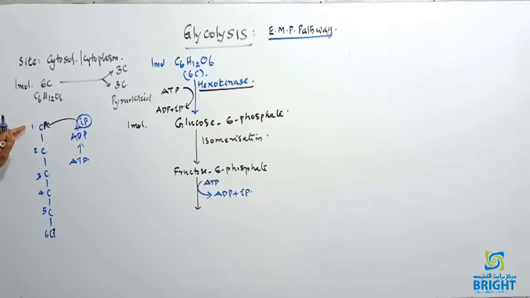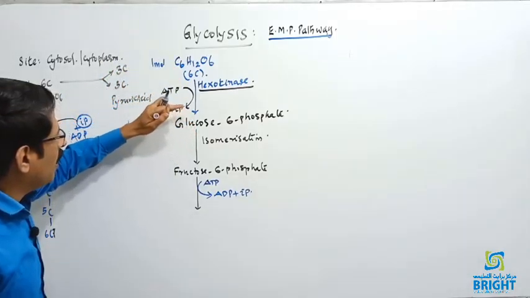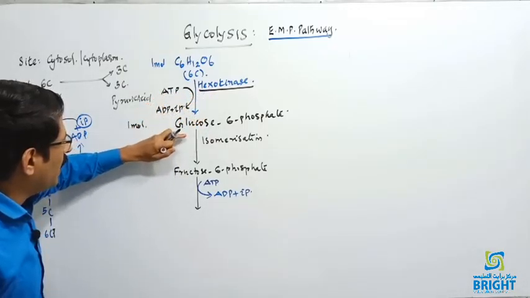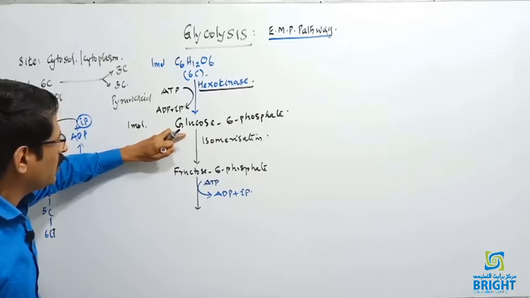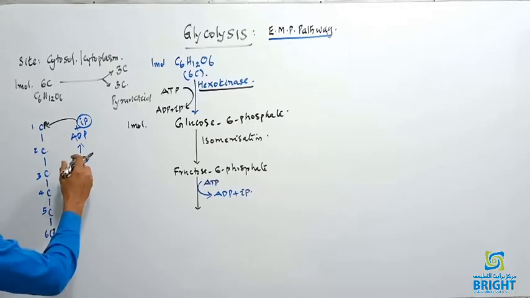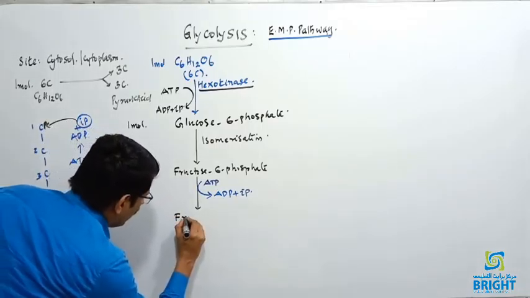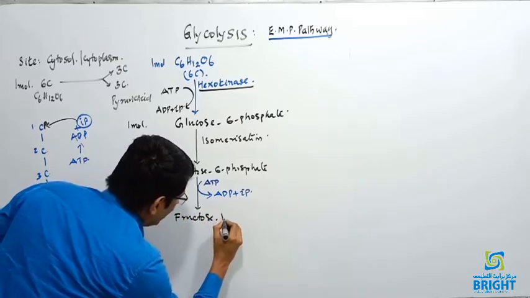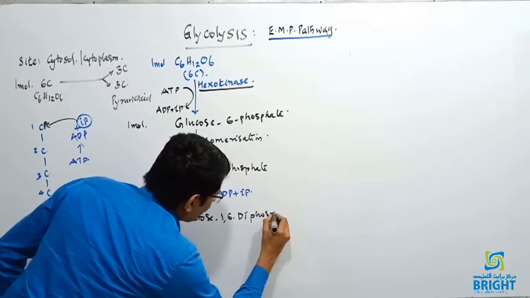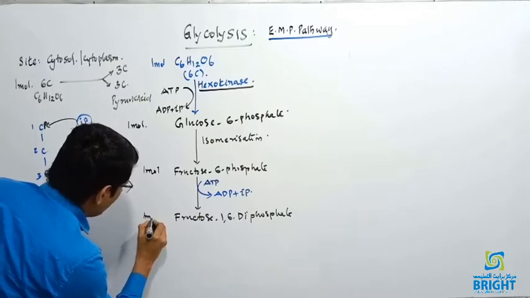So normally in the initial stage, glucose is converted into glucose 6-phosphate with the help of enzyme hexokinase and 1 molecule of ATP, and next stage glucose 6-phosphate undergoes isomerization and forms fructose 6-phosphate, and in the next stage the fructose 6-phosphate is converted into fructose 1,6-diphosphate, and this is also 1 molecule.